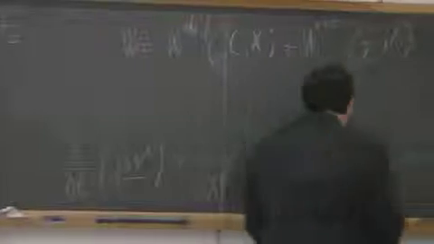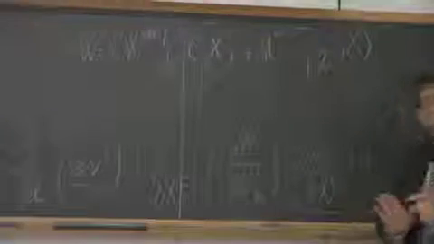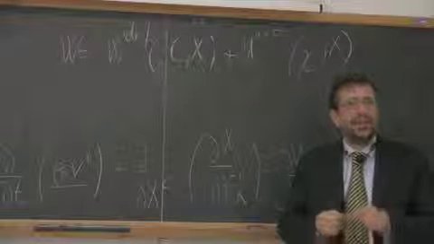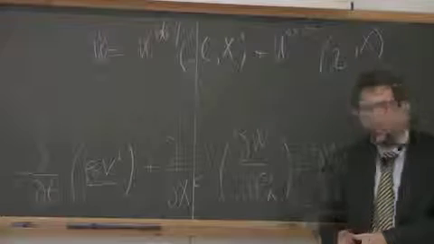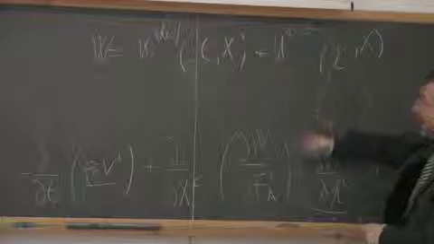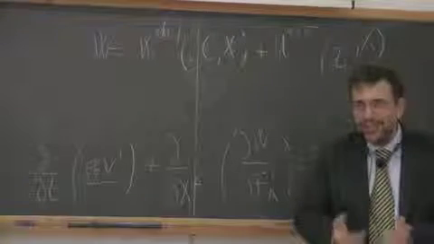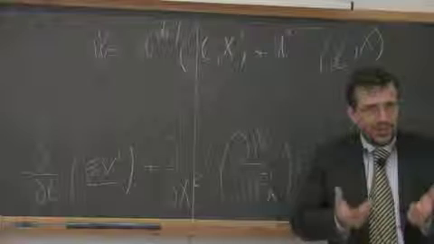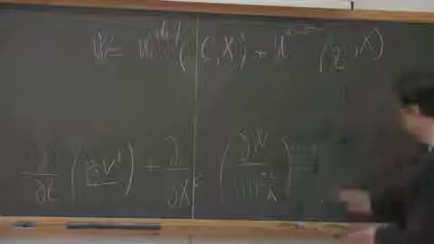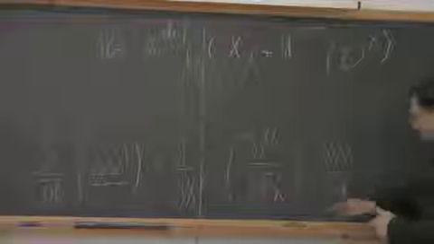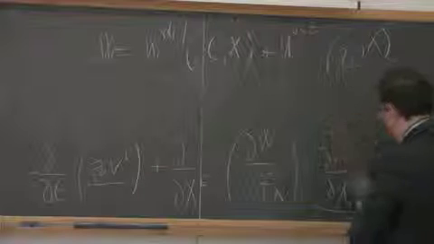Okay, now, if you remember that when you are calculating partial derivatives, chi and F are independent variables, as we said many times in the last lecture, this formula is transformed in this one.